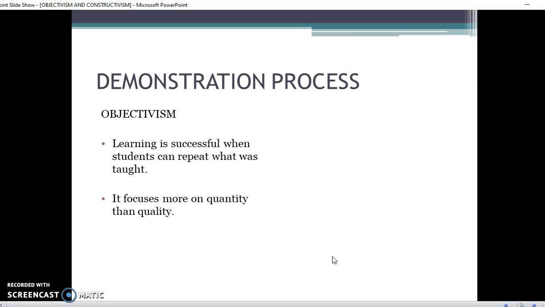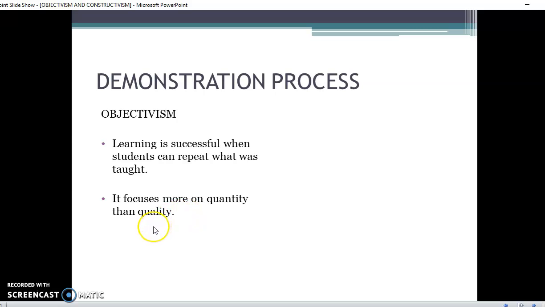So in objectivism, learning is successful when students can repeat what was taught. So if the students are able to tell what exactly was taught in the classroom, it is considered that learning has occurred. And the focus is more on the quantity. So how much the child can replicate, or maybe we can say how much the child can repeat what the teacher just said or summarized in the classroom, is given more importance than how much they have understood, which is again linked to quality.